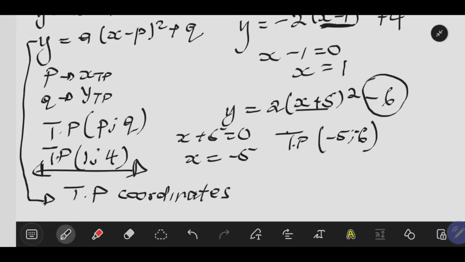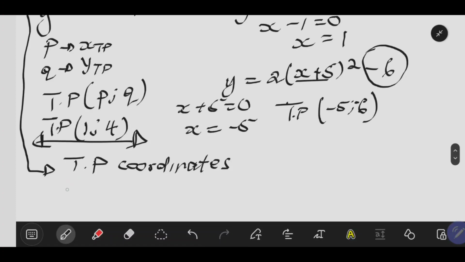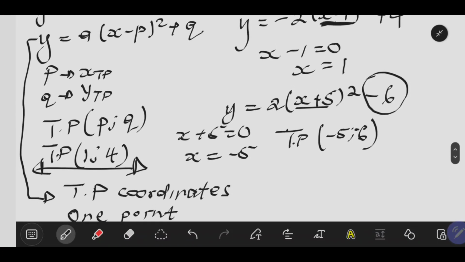If you are given the turning point coordinates and at least one point on that graph, then you can determine the equation of that parabola. So if you see the turning point on a parabola and at least one point, you can use this formula here to find your equation of the graph.